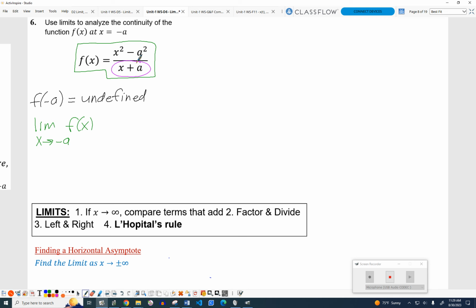If you plug in something very close to negative a, but it isn't negative a, a little more, a little less, Will, what do you get? Close to 0. Raise your hand if you completely agree. 2 points, 3 for Will. You get very close to 0 on the bottom.